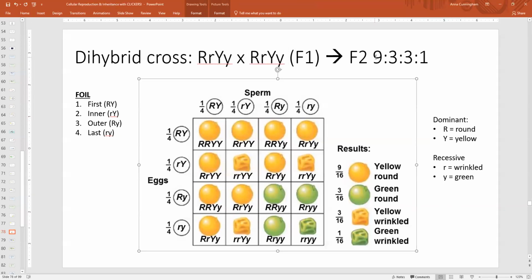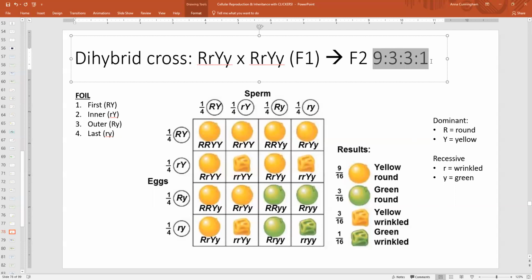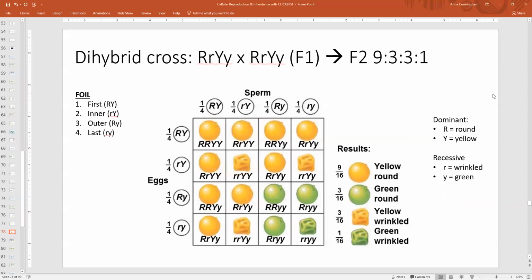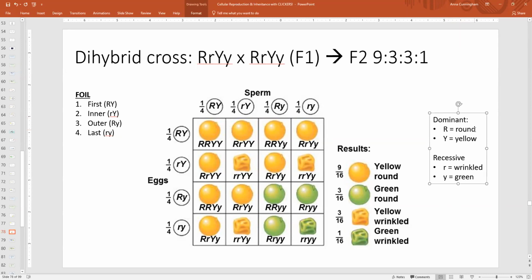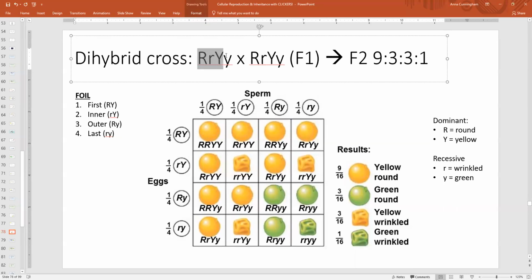And what we want to know is the phenotypic or the genotypic ratio. And in this case, actually, we're looking at the phenotypic ratio. I copied this over. We know the dominant is round yellow. The recessive is wrinkled green. Our genotype is capital R, lowercase r, capital Y, lowercase y.